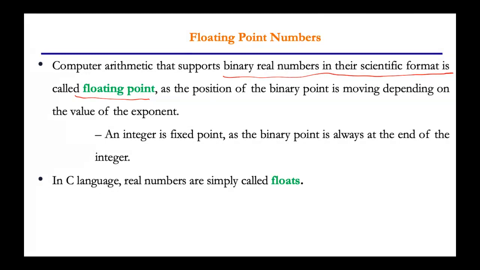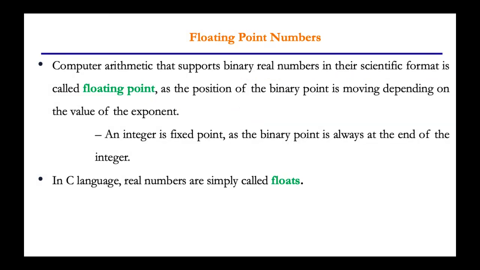And the position of the binary point moves depending on the value of the exponent. If the value of the exponent is negative, then it moves in the right direction. If it is positive, it moves in the left direction.